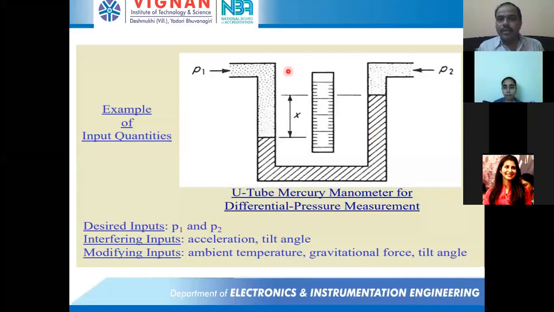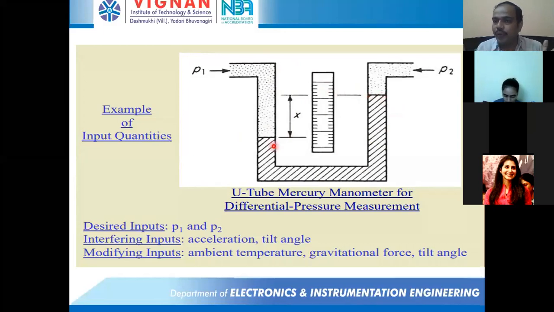Now, as the pressure in this limb increases, the mercury level in this limb will decrease, and at the other end the mercury level will increase. So due to this pressure difference P1 minus P2, there exists some difference between the two levels.